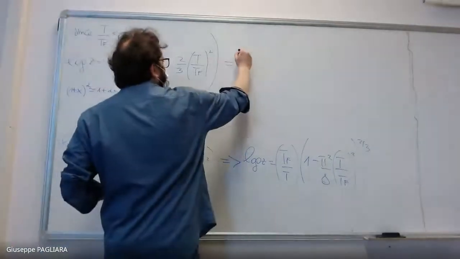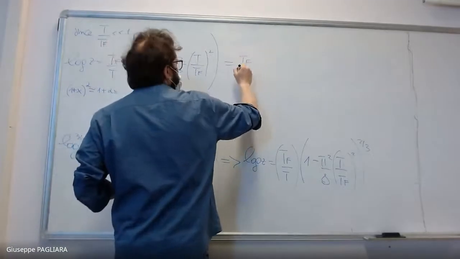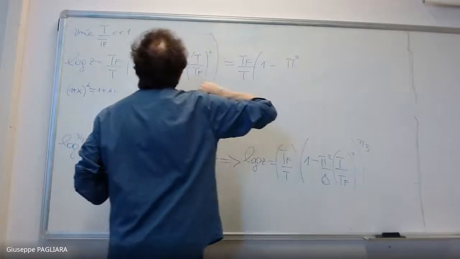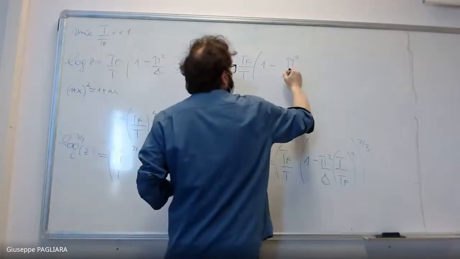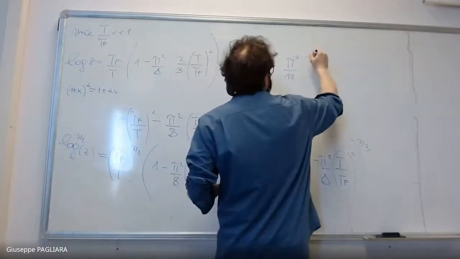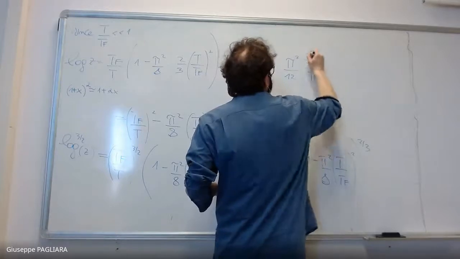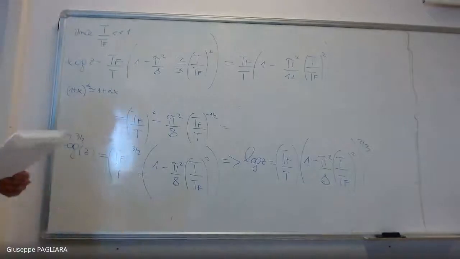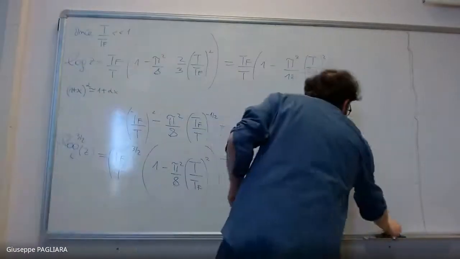Which is finally here divided by T is 1 minus pi squared, here I have 12, and the T here. That's it. Okay, almost done.